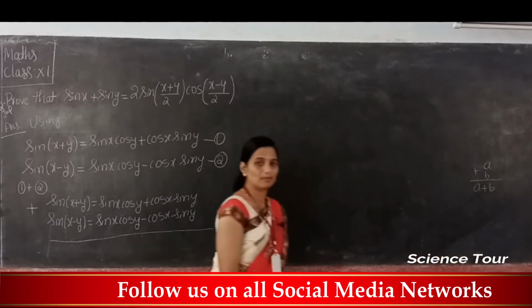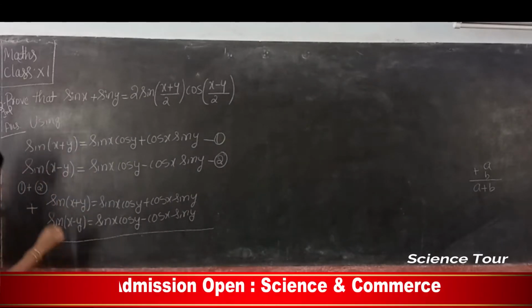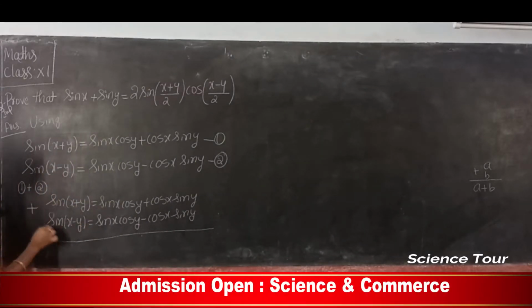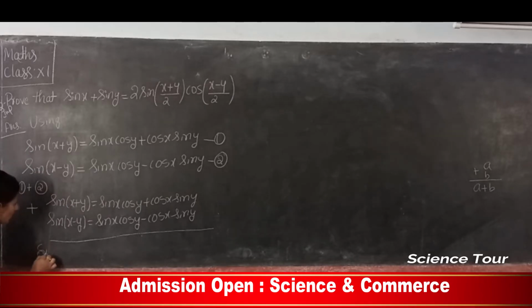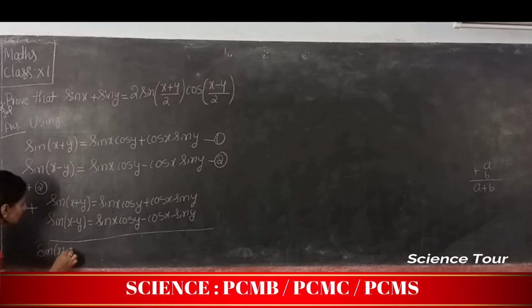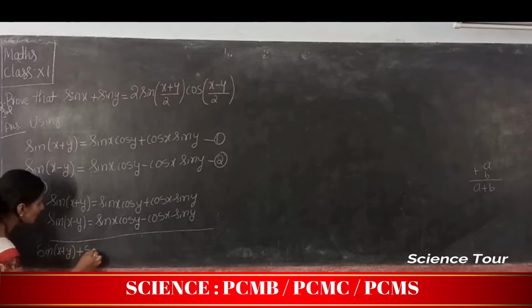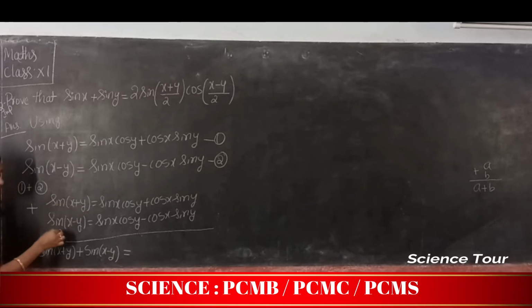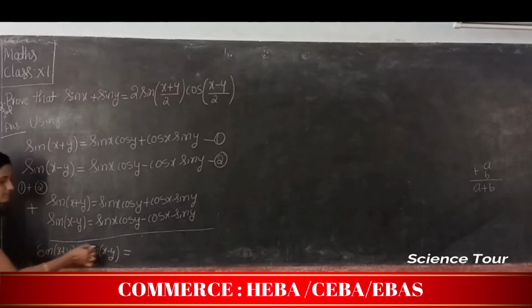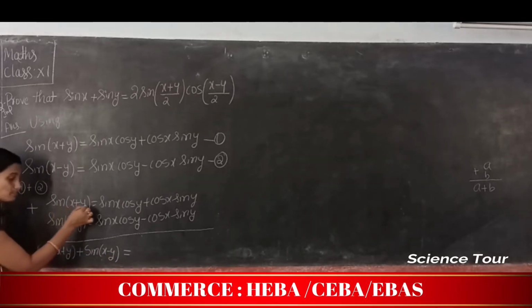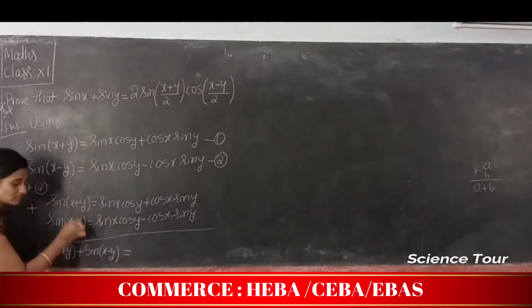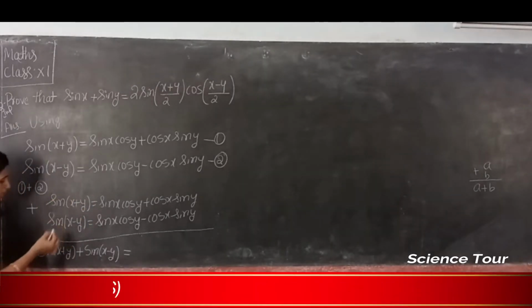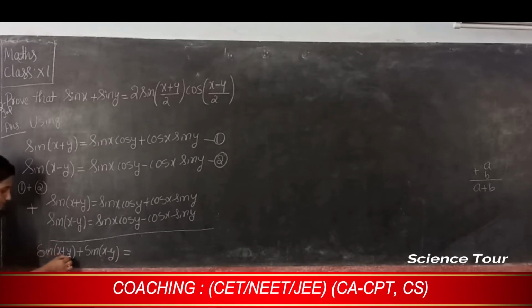So now here, sin (x plus y) and sin (x minus y), the answer is sin (x plus y) plus sin (x minus y). Is this correct? A plus b is a plus b. These two are different, so the answer is sin (x plus y) plus sin (x minus y).